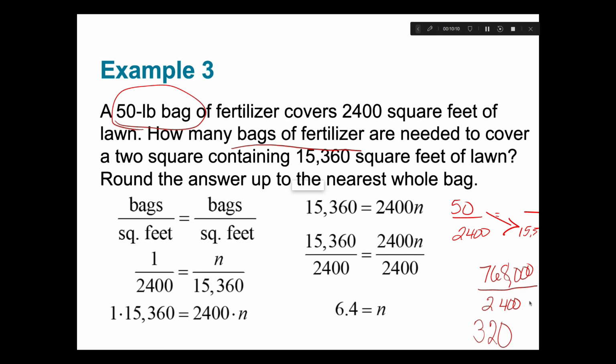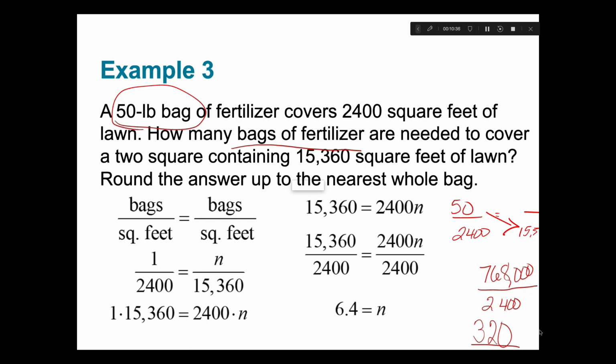Now we need to know how many bags that is. So I have to take that answer and divide it by 50, because there's 50 pounds in one bag. You can't just take those numbers and think that's immediately the right answer. You've got to think about what you're doing and see if that answers the question.